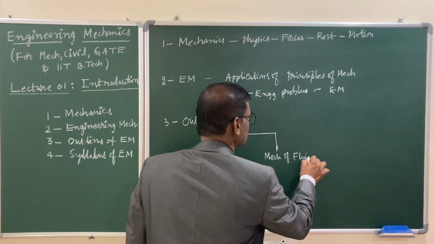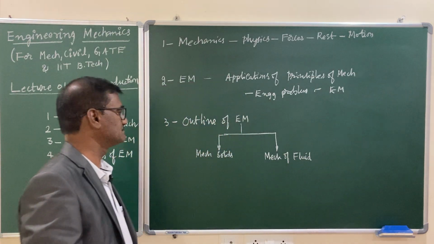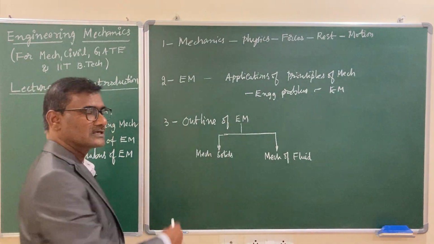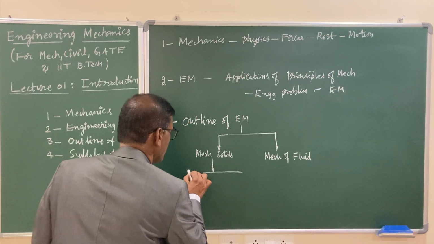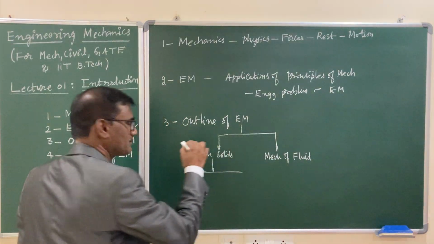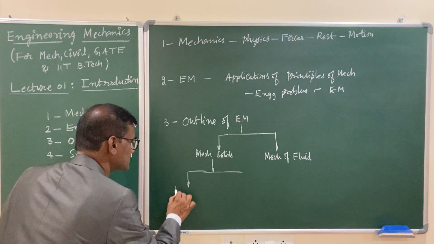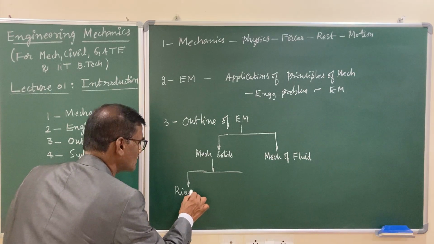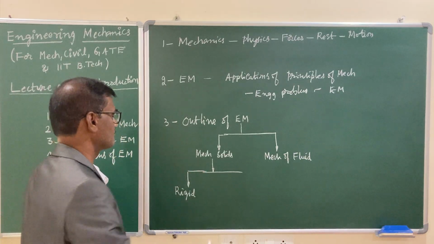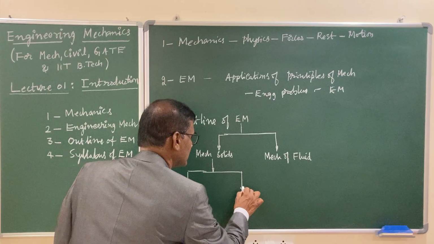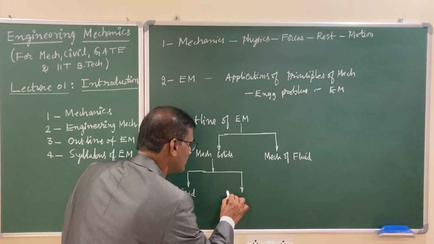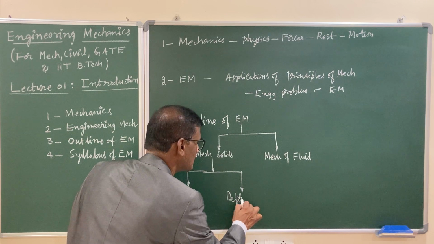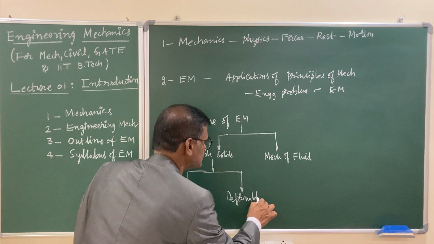Mechanics of solids is further classified into, you may have that particular solid as a rigid body. It's called rigid body mechanics. If it is deformable, meaning flexible, then it is called mechanics of deformable bodies.